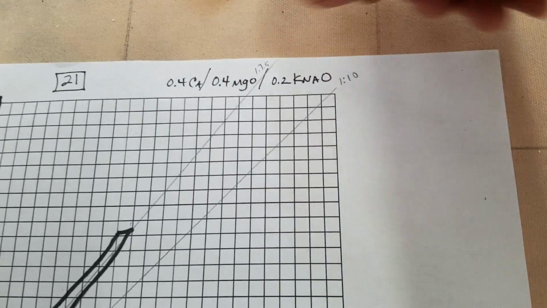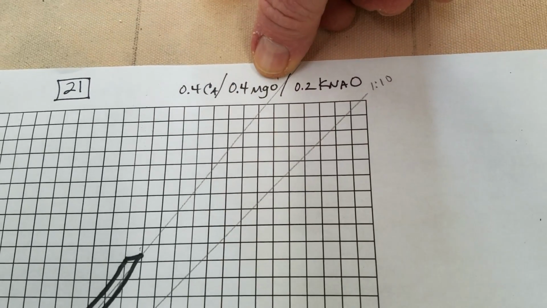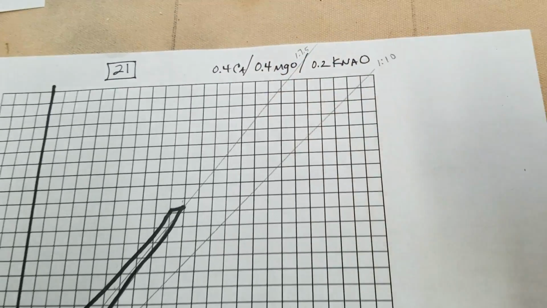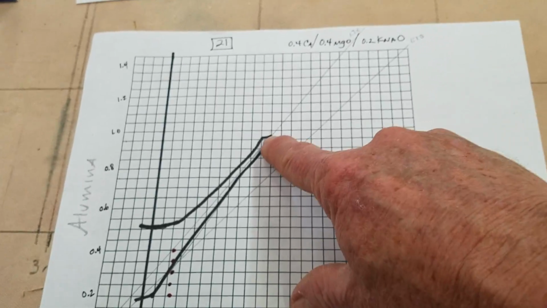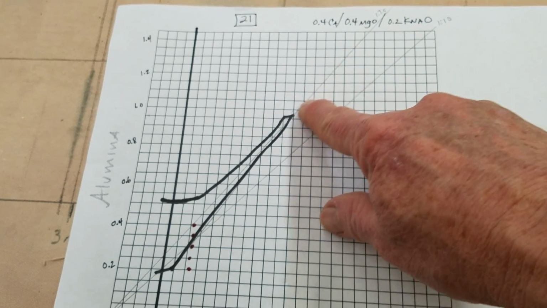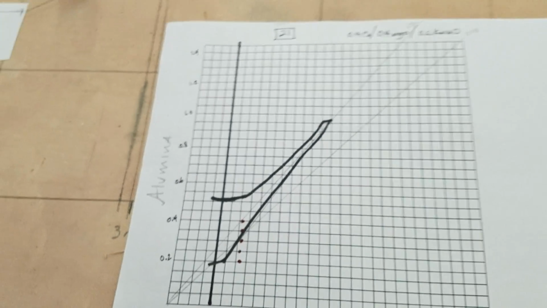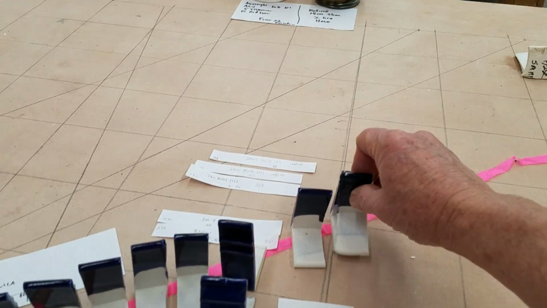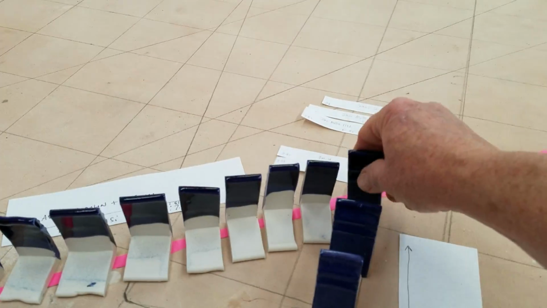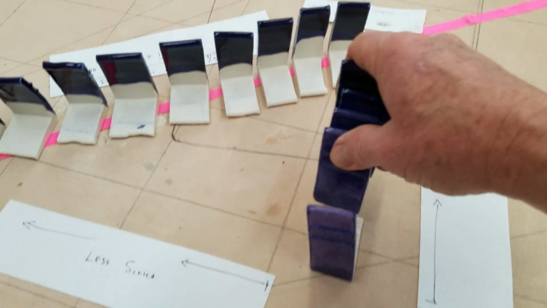It's the 0.4 calcium, 0.4 magnesium, and 0.2 sodium potassium. And this thing actually follows the 1 to 7.5 line. Okay? So that's a way of looking at glazes that can help you. Now what I did, I'm going to take some of these off of here so it's a little less confusing.